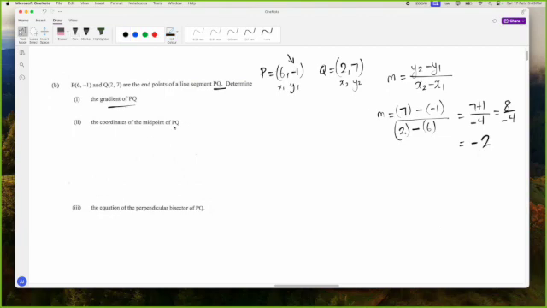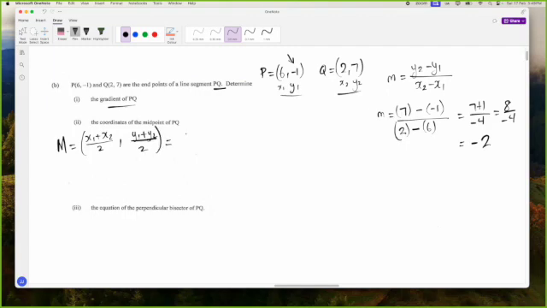So the coordinates of the midpoint. So the gradient of the line PQ is minus 2. They want the coordinates of the midpoint. I'm going to use the same x1, y1, x2, y2. So big M is x1 plus x2 over 2, and then y1 plus y2 over 2.